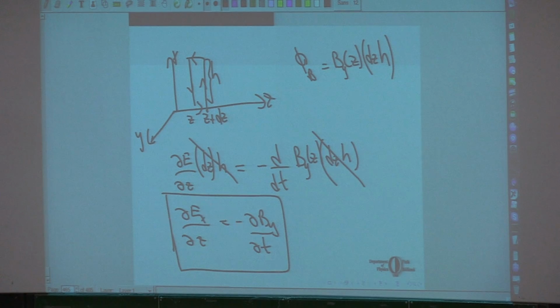I know that the Ex is in its amplitude E times cosine kz minus omega t. So this tells me that minus kE cosine kz minus omega t should be equal to minus B omega, no, this is sine.